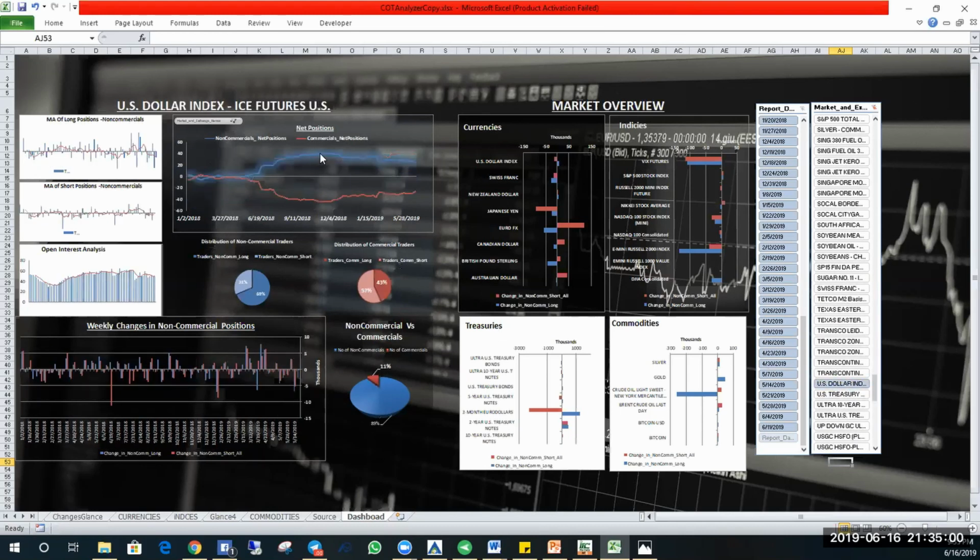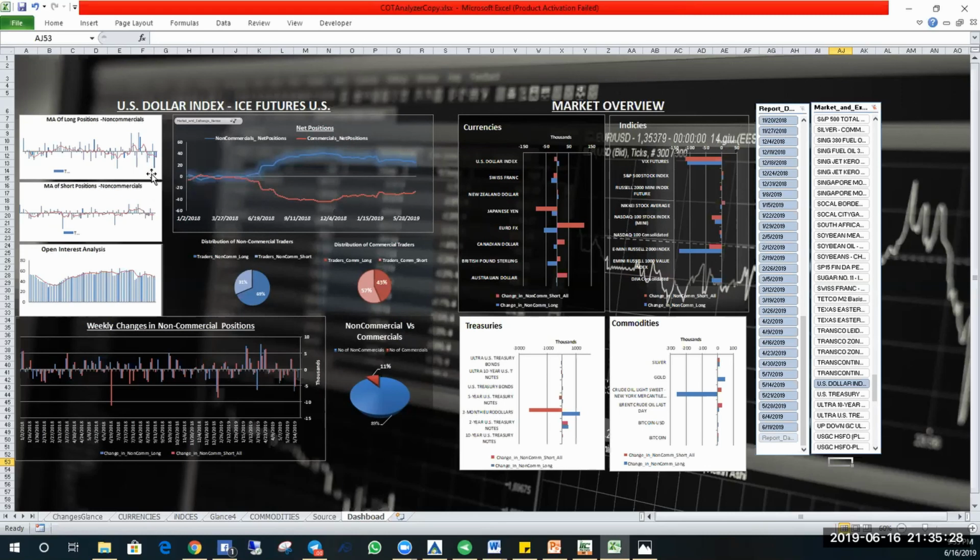We're seeing a gradual decline in the US dollar from the non-commercials, gradually declining from a net long position, drifting down to this zero line here. So you need to be very mindful of that. We're seeing a drop in open contracts. The long position has significantly dropped below its moving average.